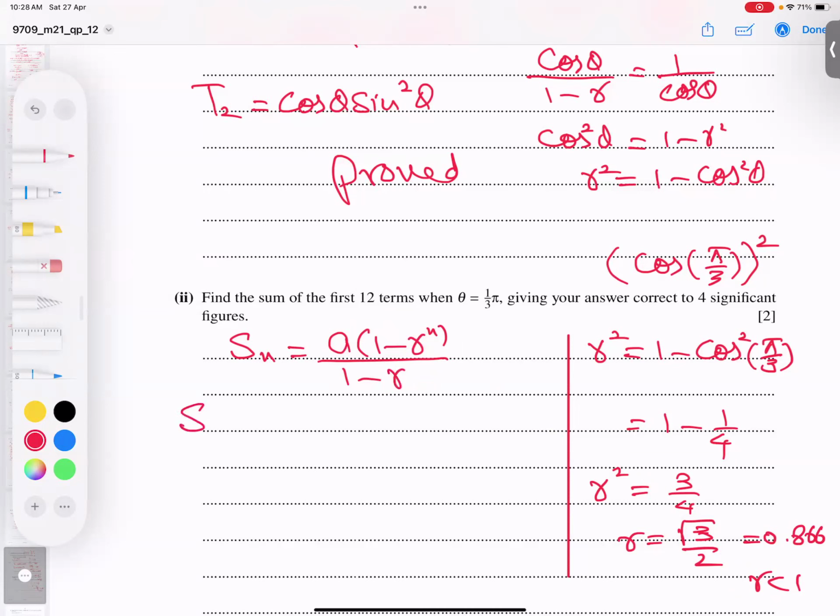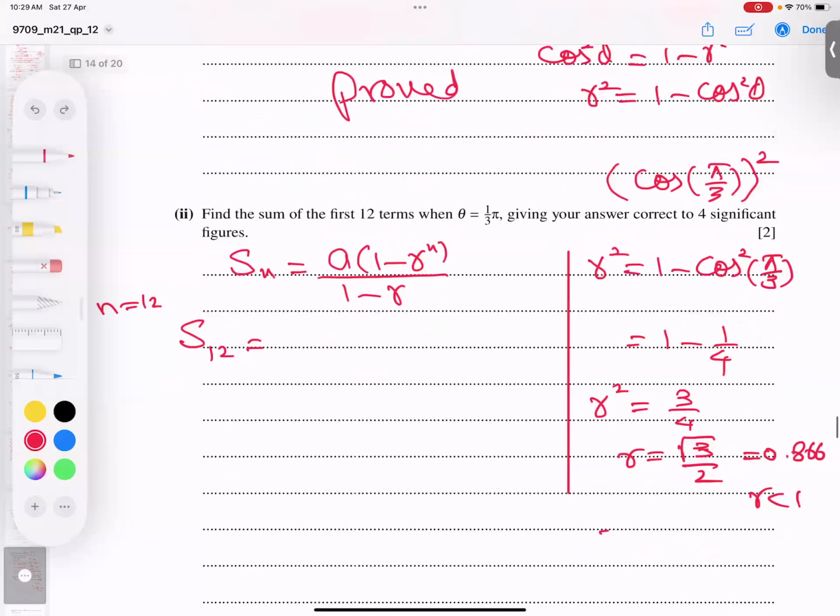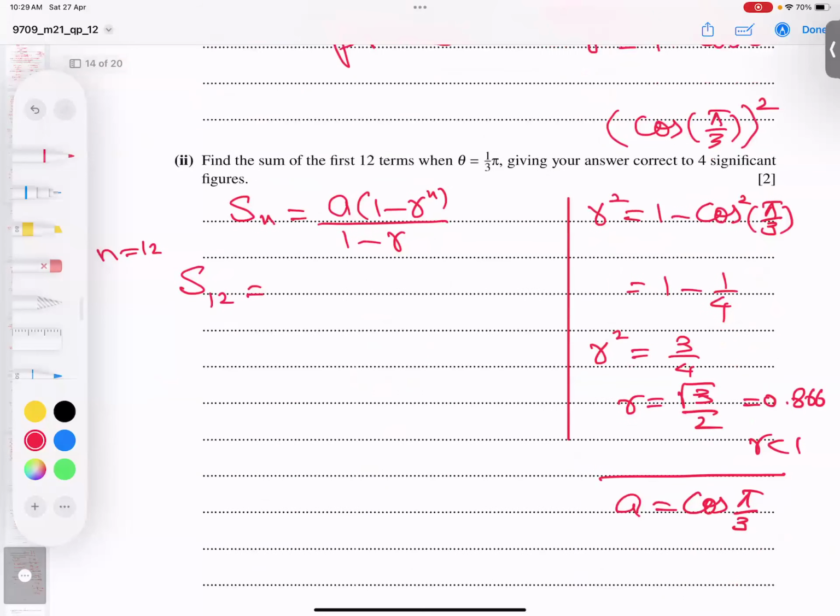Now plug in 12, every n by 12, and the first term we don't know, cos theta. Let cos theta, it means cos theta. So cos pi by 3 is giving us half, outside, 1 minus power 12.